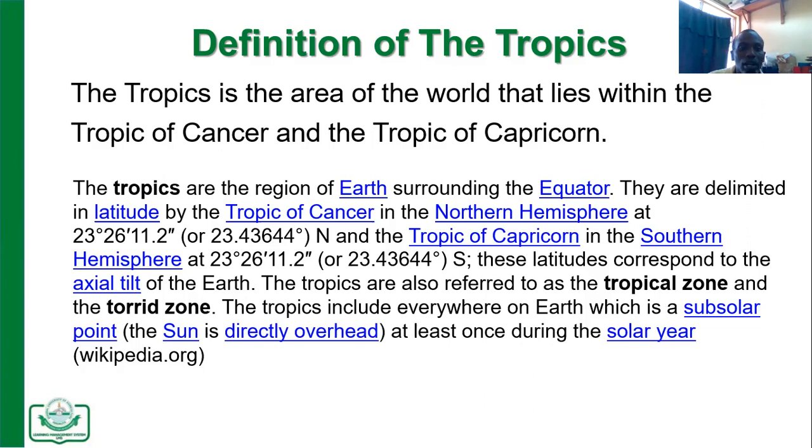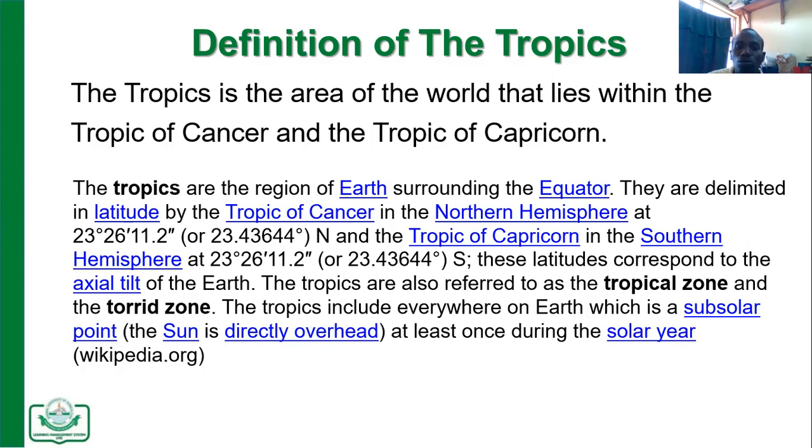According to Wikipedia, the tropics is regarded as the region of Earth surrounding the equator. So we can see from the map that the Tropic of Cancer, which is in the northern hemisphere, and then the Tropic of Capricorn in the southern hemisphere constitute where we tag as the tropics.